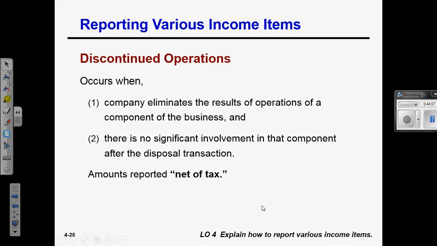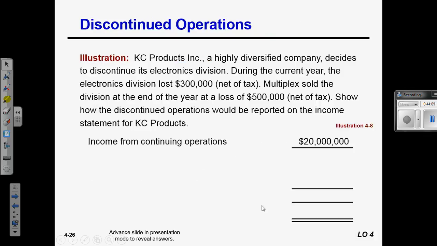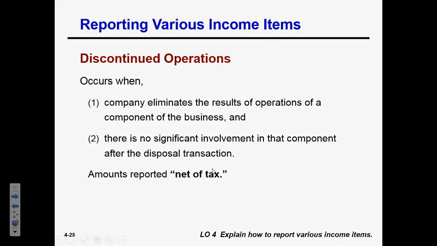Okay, notice this. It's reported net of tax, okay? Anything that is below the line is going to be net of tax. What did I just tell you the line was? The income after tax.